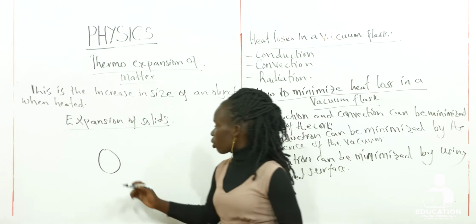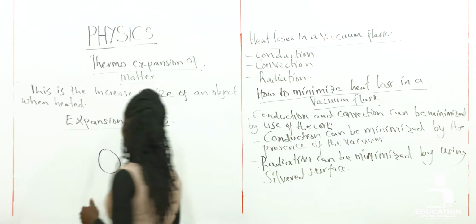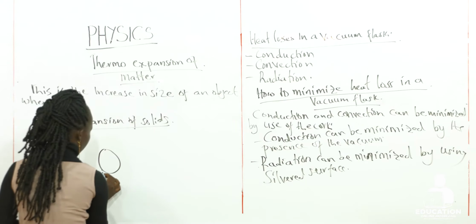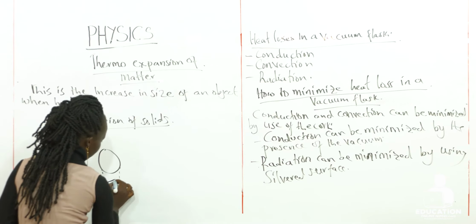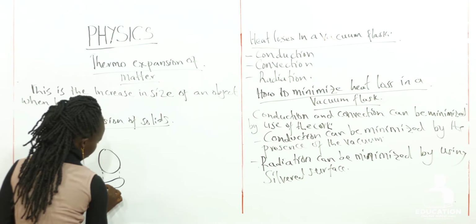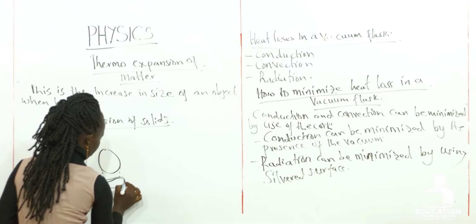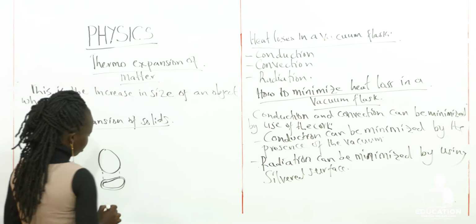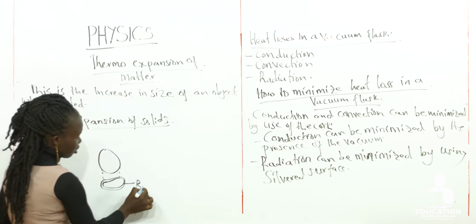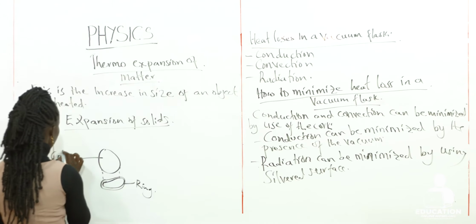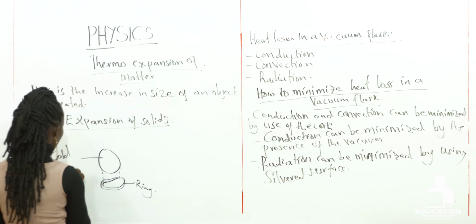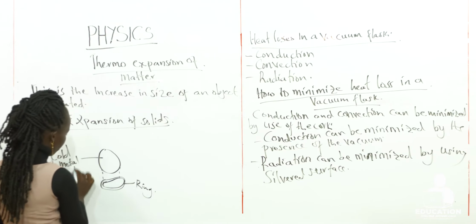So you see we have our metal ball and we have our ring. This is a cold metal ball.